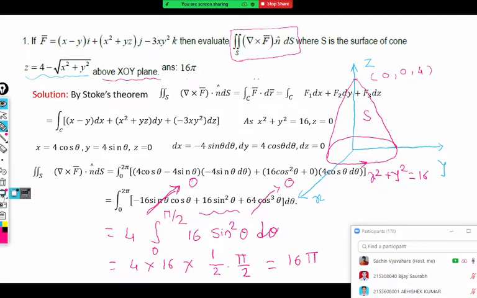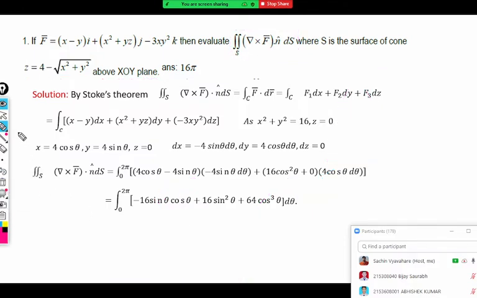Got it? Any doubt? So everywhere we have to do this only. Yes, we can treat sine square theta also as 1 minus cos 2 theta upon 2. Why not? I generally say that we have multiple ways. You should be smart enough to get the answer quickly.